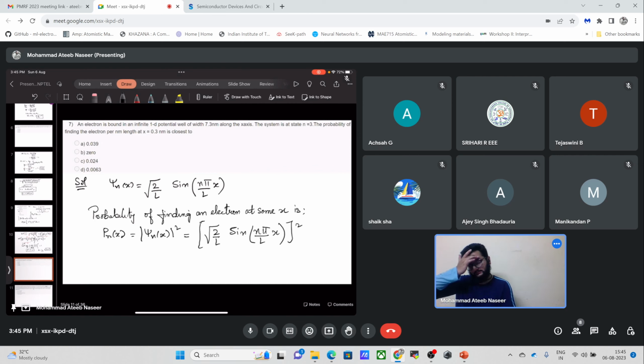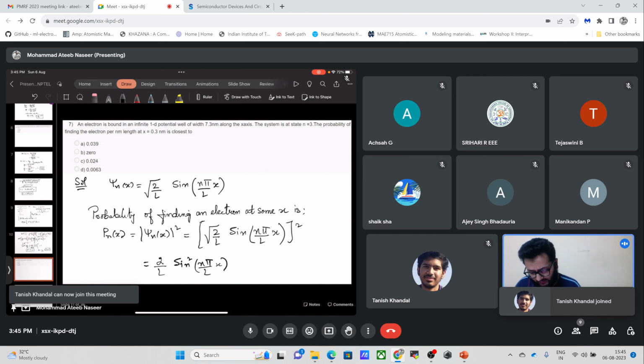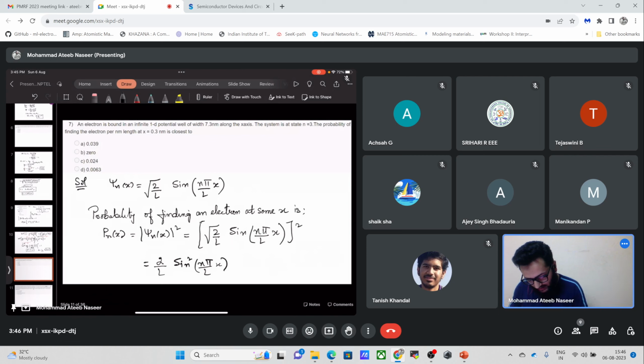So it would simply be equal to 2 by L sine square n pi by L x. Now n has the value of 3, and x has the value of 0.3 nanometer.